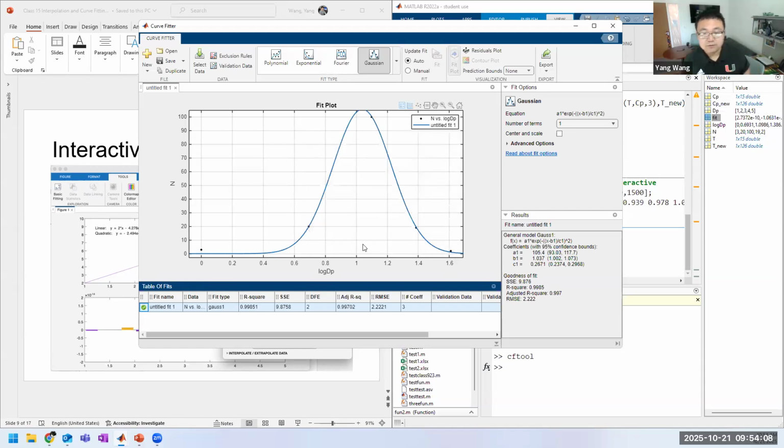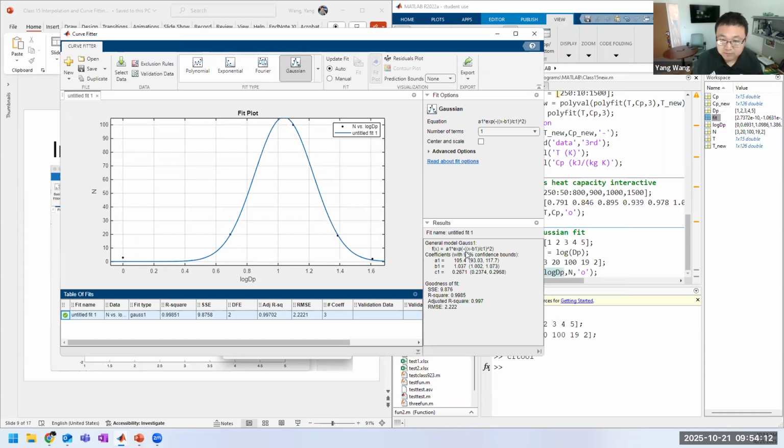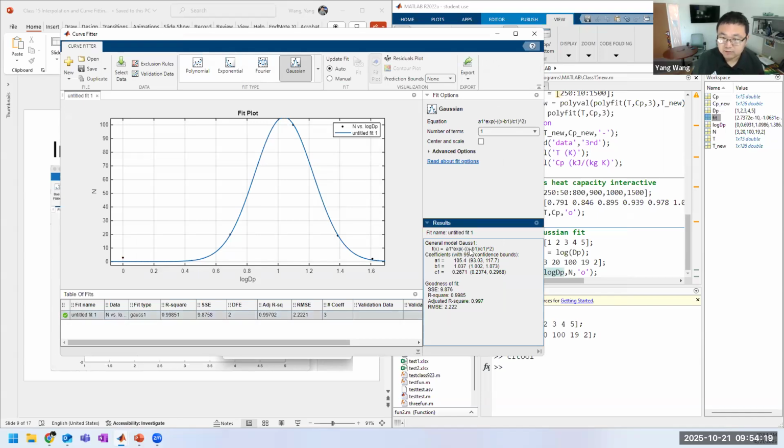Okay, so instead of using the normal distribution, now if you have the log dp, you can see that even when you have an x value that is negative, it simply means the log dp is negative, right?